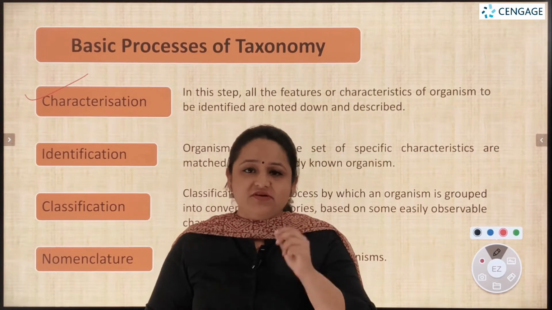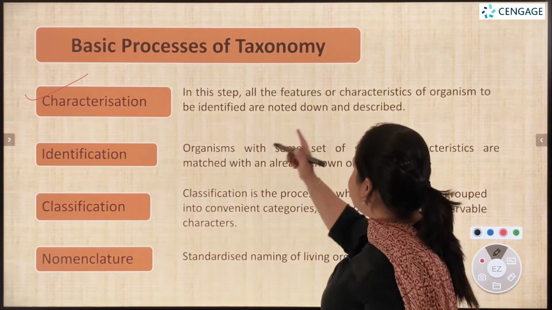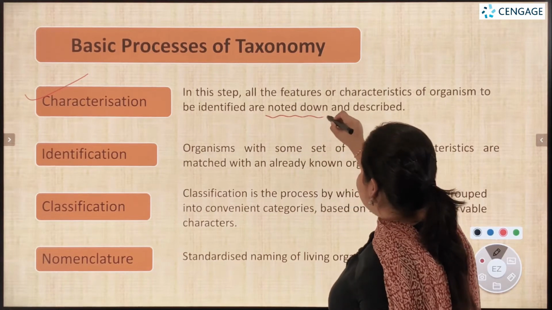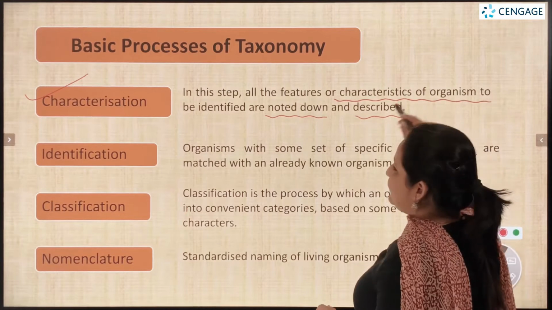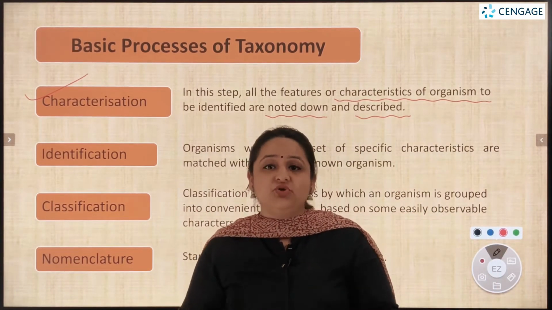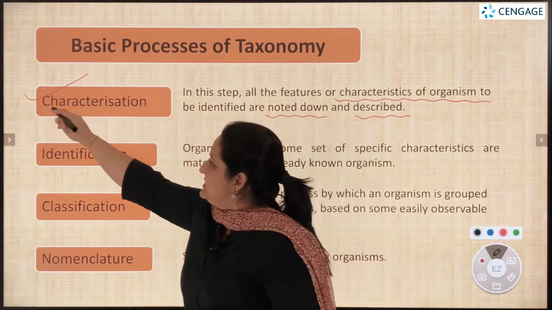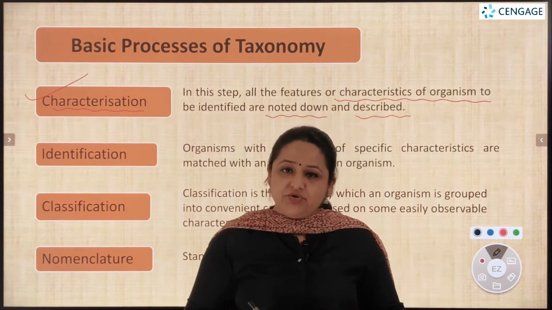So what is the very first step that the scientist undertakes? That is, he is going to note down and describe all the characteristics and features of this organism. This step is known as characterization.